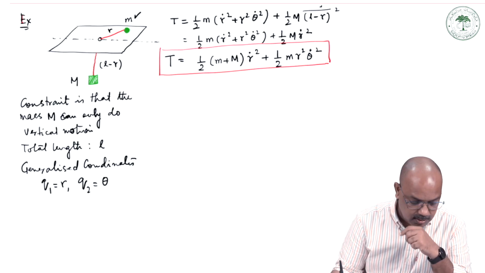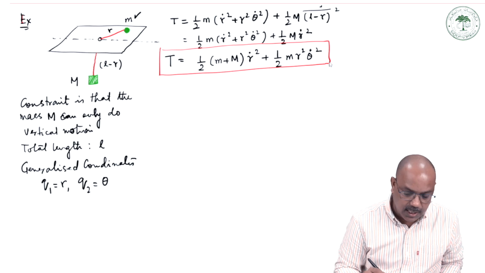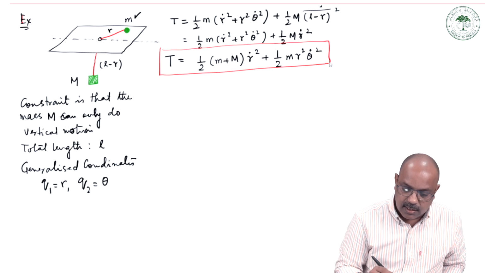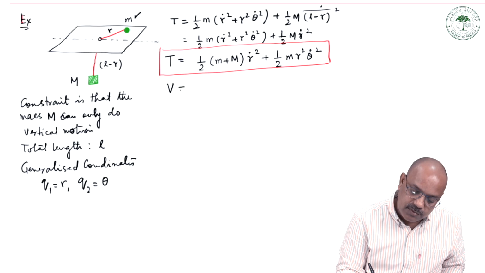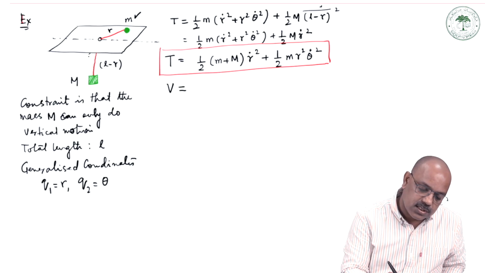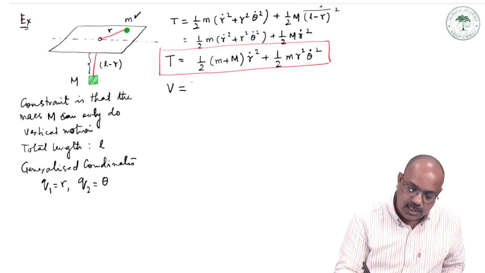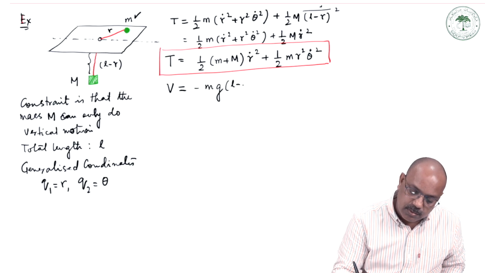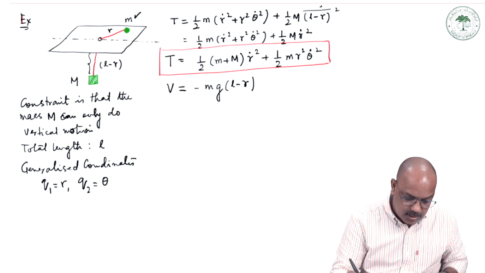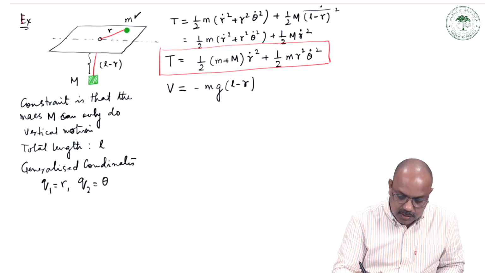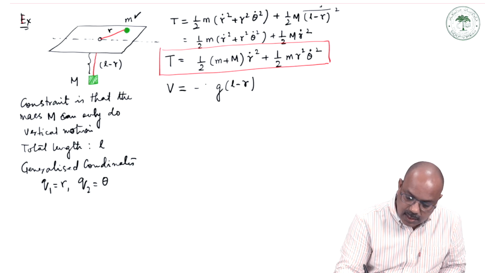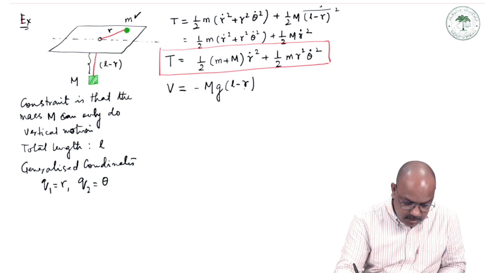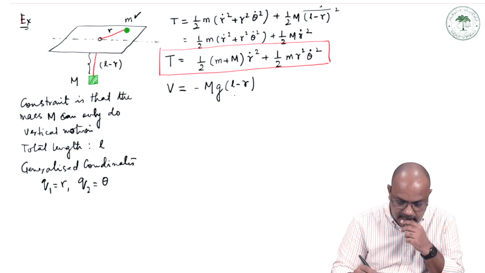So this is my kinetic energy. Then I can write the potential energy. Because of the height, V is minus M g (L minus r), where this is capital M. Now I can write the Lagrangian.